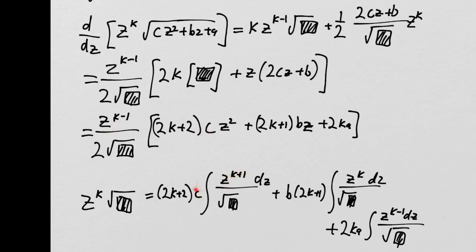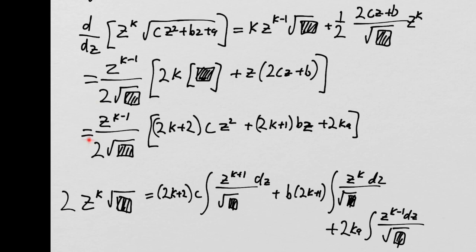The 2k plus 2c is a constant, then you get this root box. Let me see, where did my factor of 2 go? You know what, I'm just going to multiply this whole thing by 2. I'll just take that 2 and bring it over to that side.